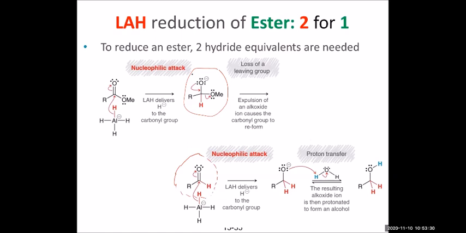The aldehyde forms because in the tetrahedral intermediate, the lone pair forms a bond with the existing bond, so it forms a double bond. At the same time, the alkoxide acts as a leaving group. So after this, you form the aldehyde.